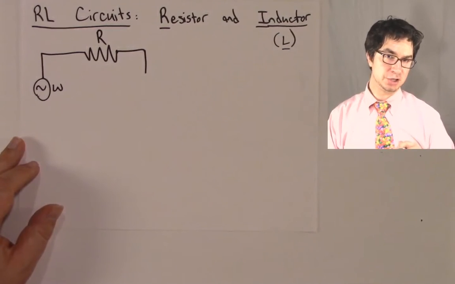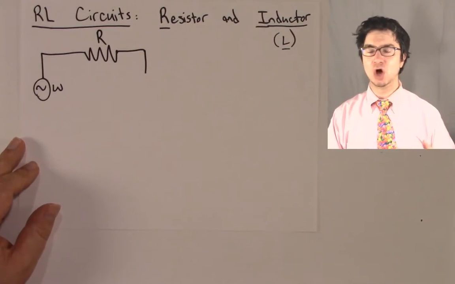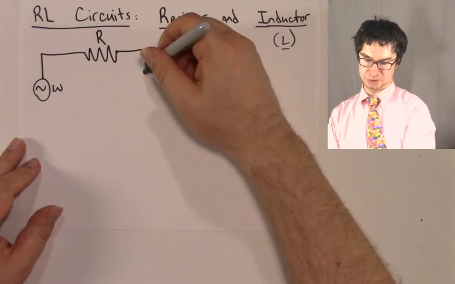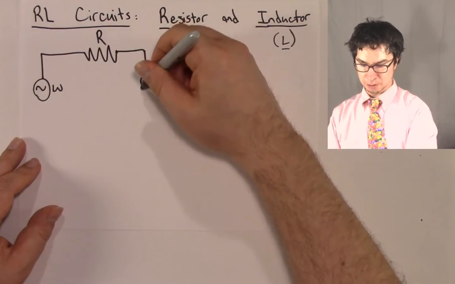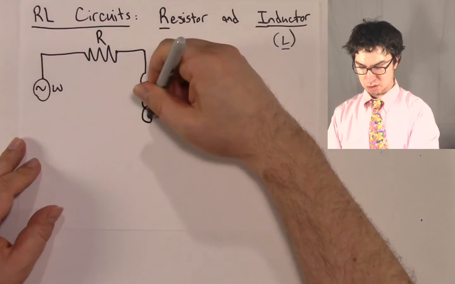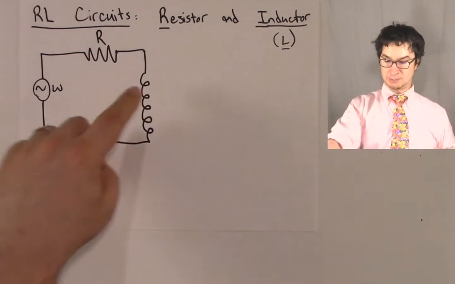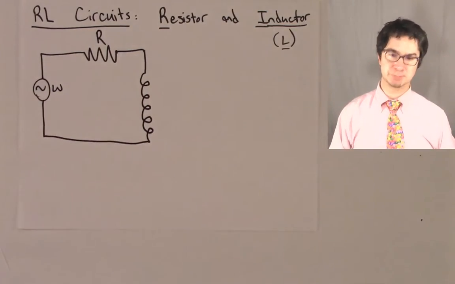Now when you draw an inductor, you want to draw basically a coil. And the way that people typically draw a coil is they start here and they go loop around like this. Okay, this represents a coil of wire. Kind of looks like a spring.